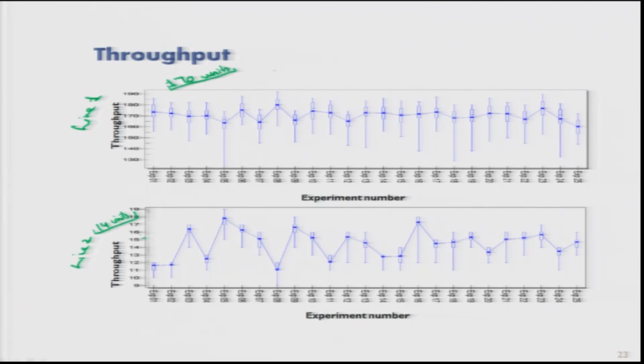Now, here the standard deviation in line 1 was 4.5 units, which is 2.5% of the mean, and in line 2 the standard deviation was 1.5 units, which is 10.7% of the mean.